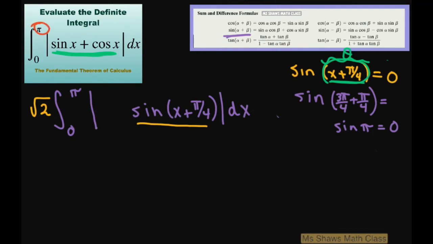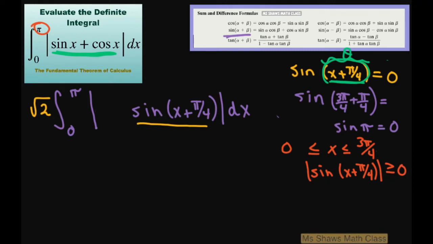If x is between 0 and 3 pi divided by 4, then the absolute value of sine of x plus pi divided by 4 is going to be positive.